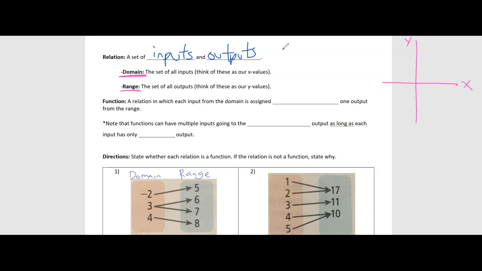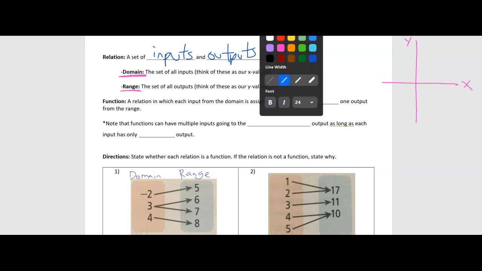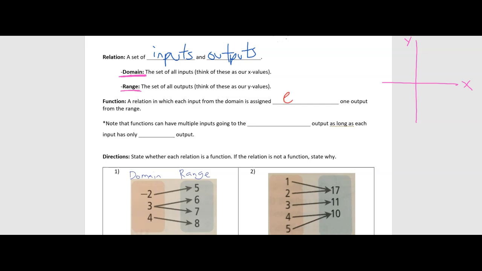Okay, moving into functions. Functions are a type of relation in which each input from the domain is assigned exactly one output from the range. So if you think back to up top, right, for the non-functions, there were 2 arrows going from some of the input values. That's not allowed for functions.